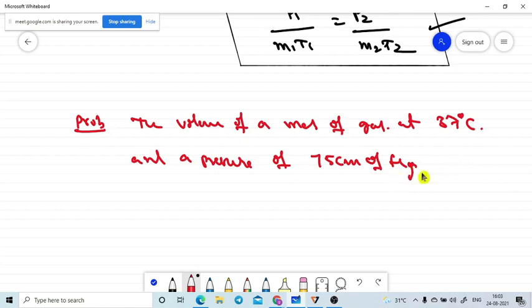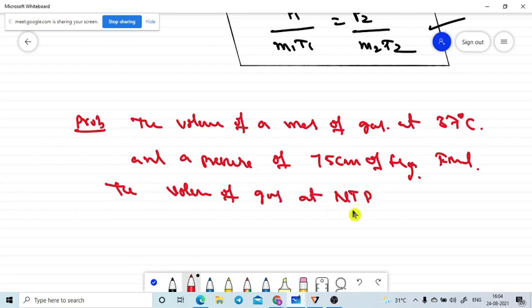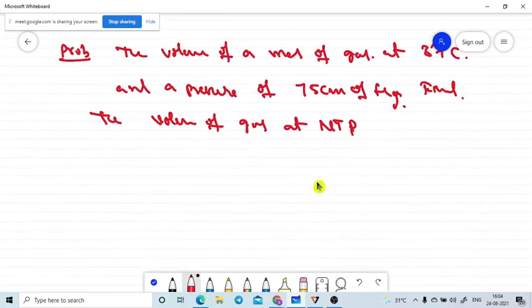Find the volume of gas at NTP, that means normal temperature and pressure. So you need to learn the NTP values by heart. Could anybody please tell me the NTP values, the normal temperature and pressure values?